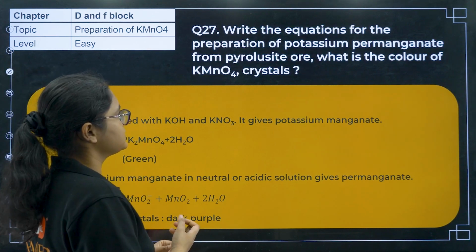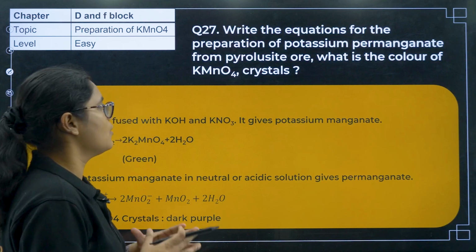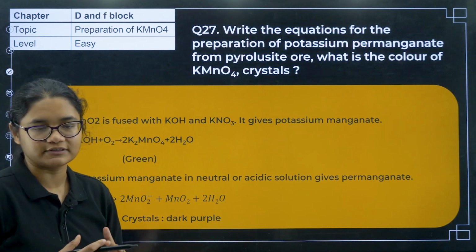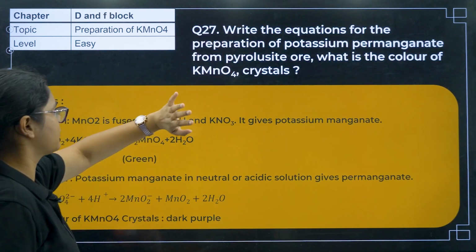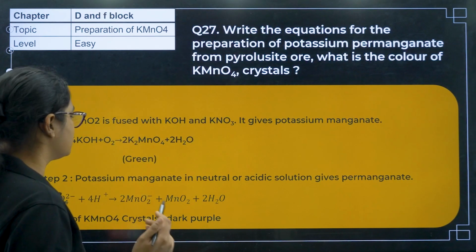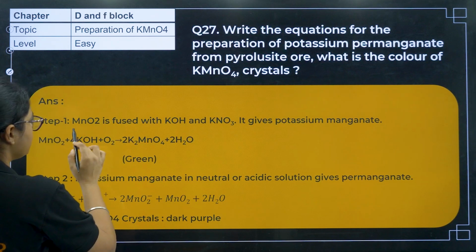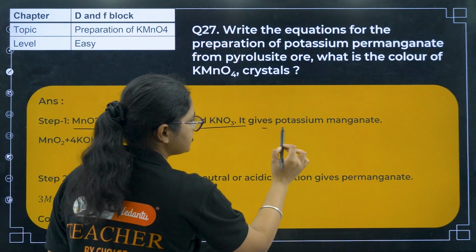Write the equations for the preparation of KMnO4 from pyrolusite ore. What is the color of KMnO4 crystals? This is a very simple and direct question, easy. This question is very expected as well. So there are 2 steps in the preparation. You don't have to write the introductory statement, this is not required.